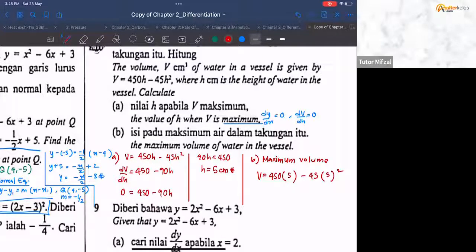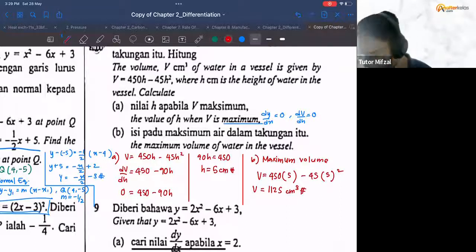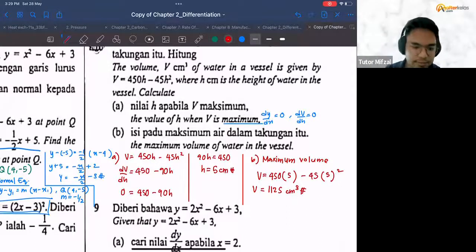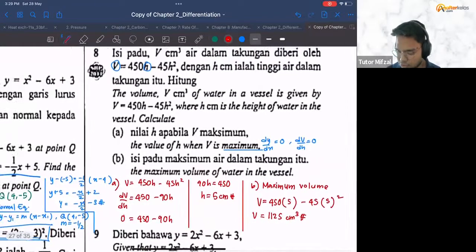Okay, so, let me find my calculator. 450 times 5 minus 45 times 5 square. You guys should get 1125 centimeter cubic. Dah settle. Plug and chug. Settle for question number 8.